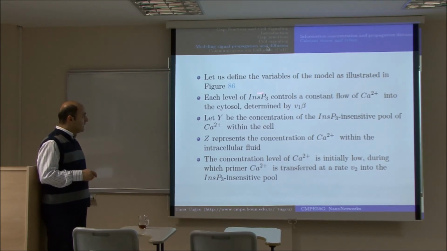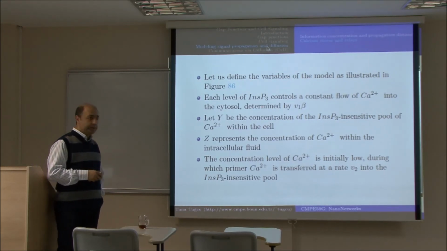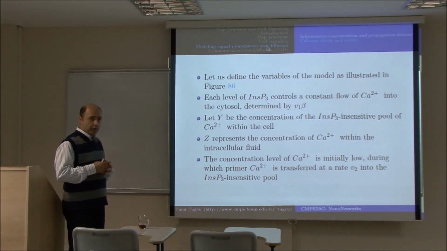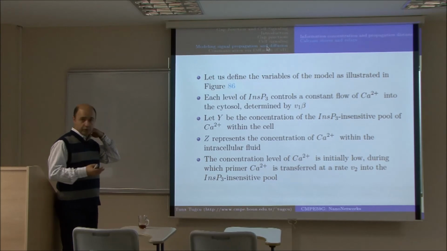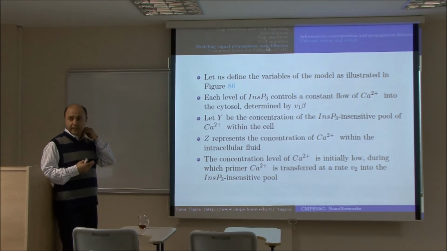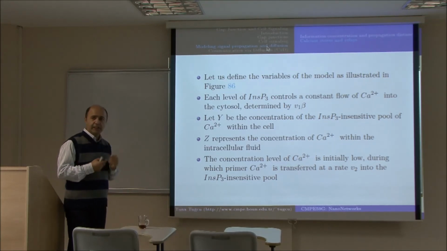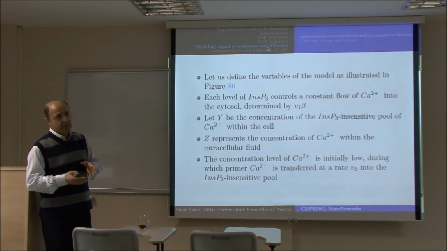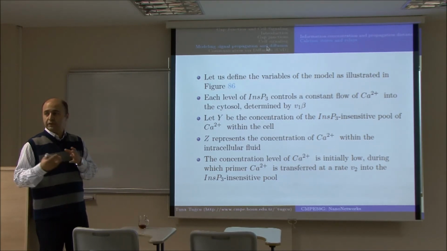Each IP3 molecule actually controls the flow of calcium ions from these inner pools with a constant rate. Let that be controlled by beta. For each IP3, I have beta calcium ions released into the environment.